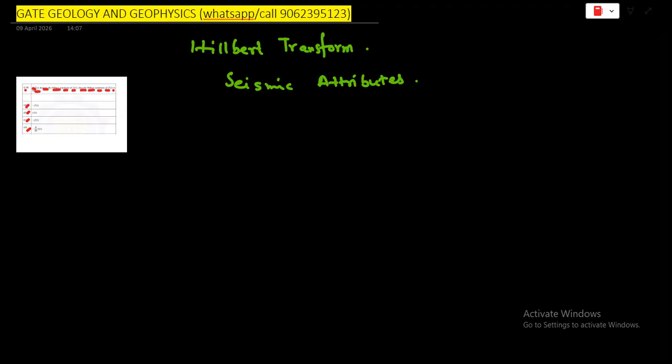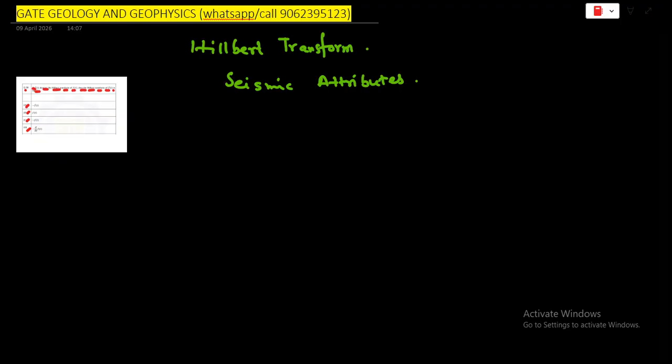It helps us to find the instantaneous envelope, that is the outline of the wave, and the instantaneous phase. It helps us find where the oil is hiding by looking at the shape of the wiggle rather than just the wiggle itself.